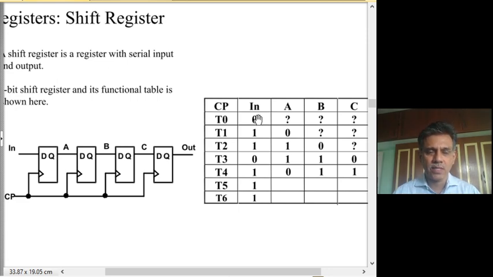The 0 which was here at T0 goes to A and then B and then C.